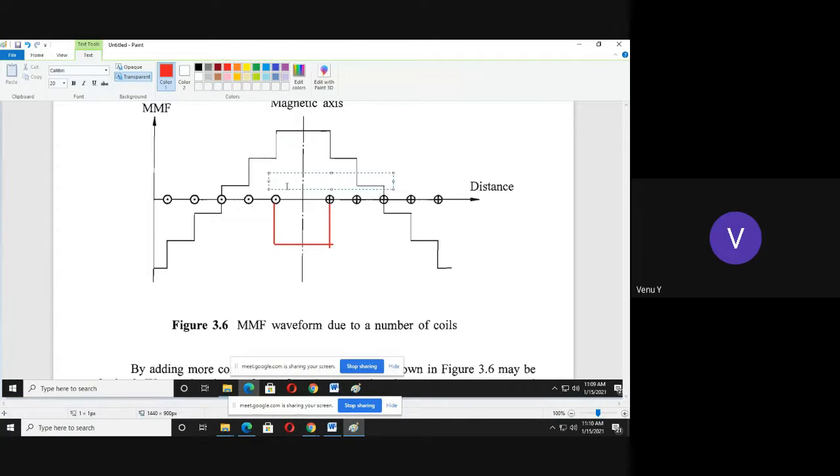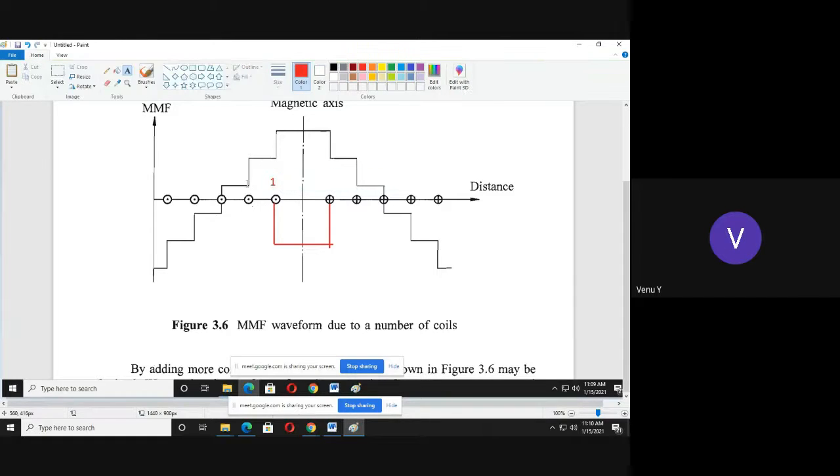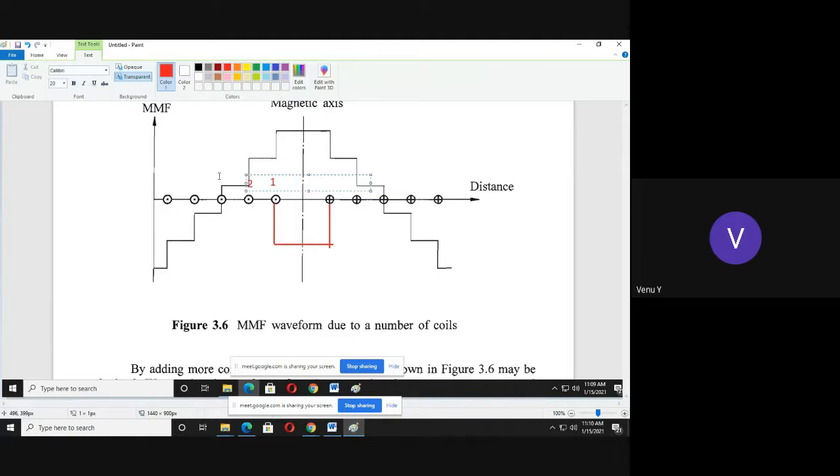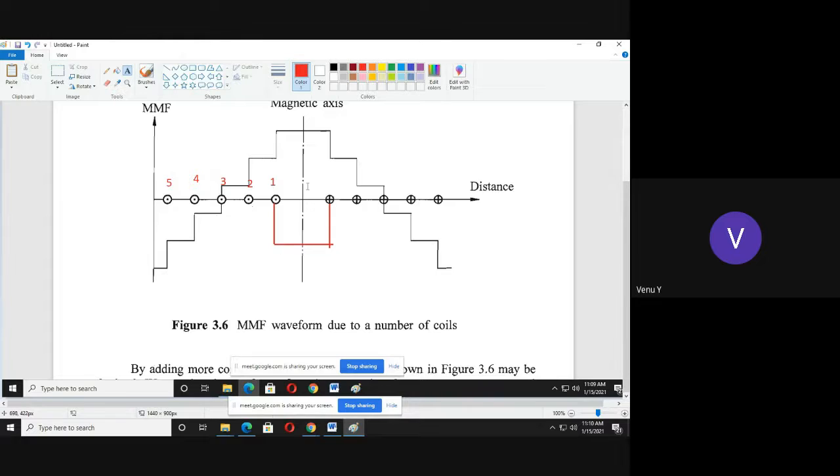Let us have this is 1, 2, 3, here is 4, last 5. There are 5 turns, all connected in series.